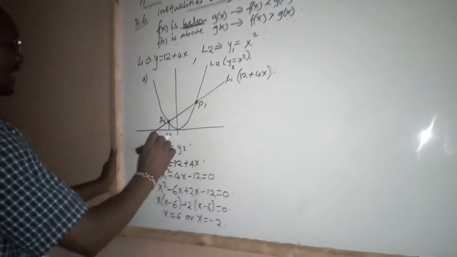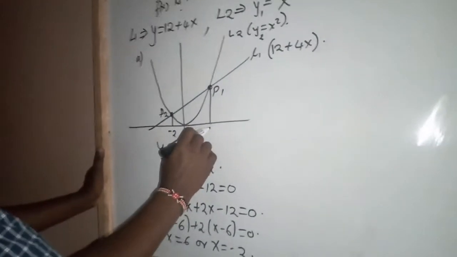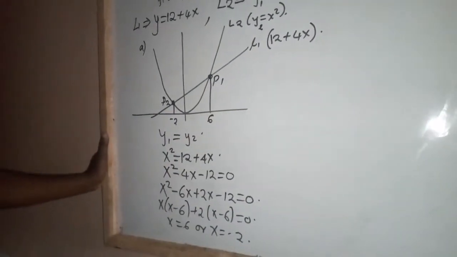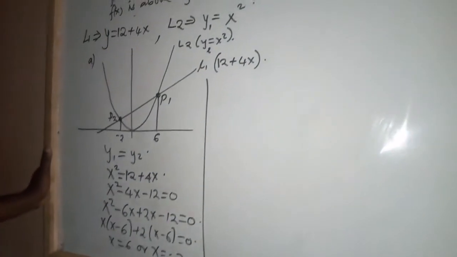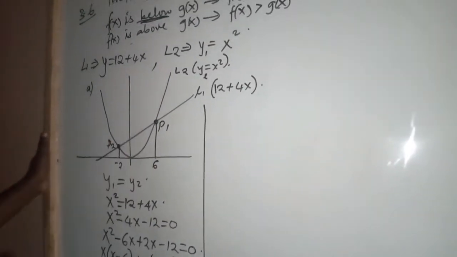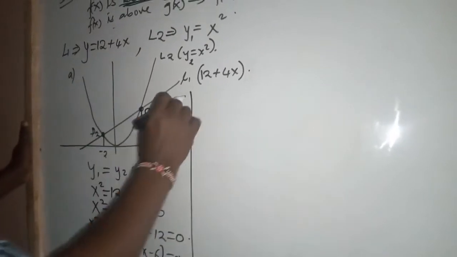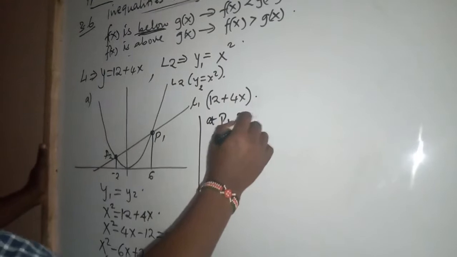So we know very well the value of x here is negative 2 since it is now on the left, and the value of x here is 6 since it is to the positive side along the x-axis. That is not all. We are asked to give the coordinates of the points P1 and P2. Let's start with P1, where x is equal to 6.